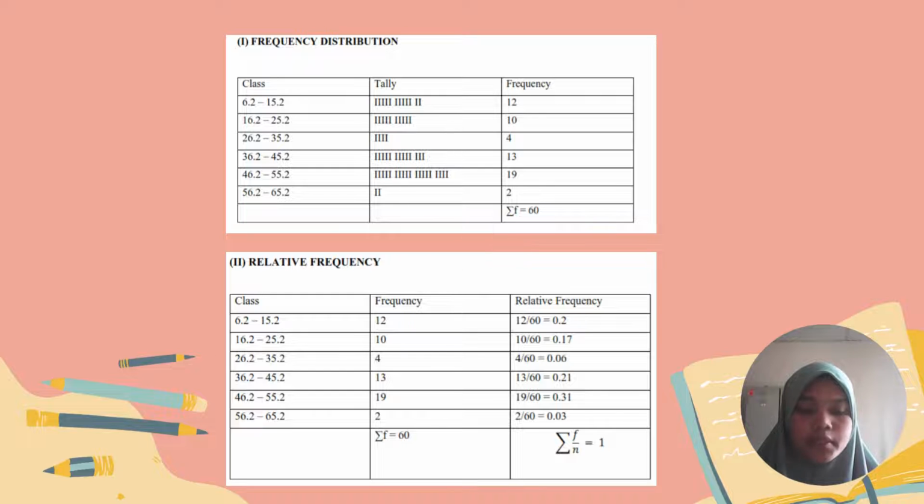For example, 12 divided by 60 equals 0.2. The sum of the relative frequencies must equal 1. If it is more than 1, the calculation of relative frequency is wrong.